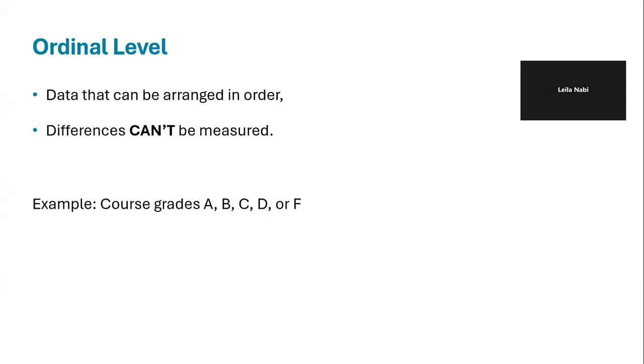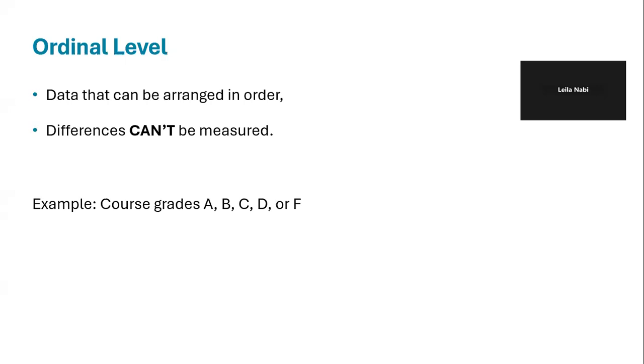Another type of data is the ordinal level of measurement. These groups of data can be arranged in order. They can be names, labels, or numbers, but whatever they are, qualitative or quantitative, they can be put in order. But the differences between these data cannot be measured.